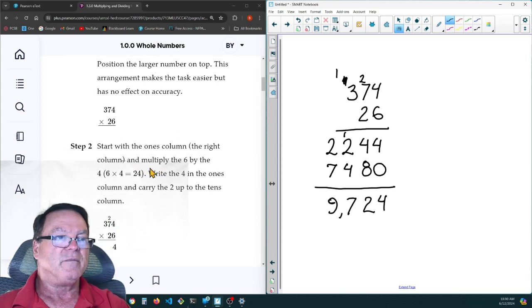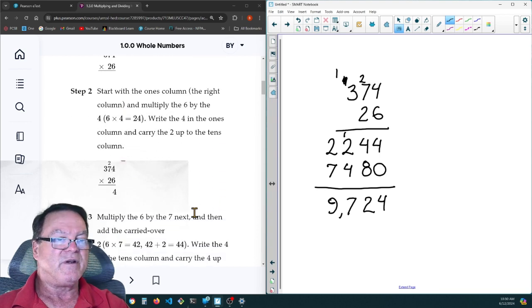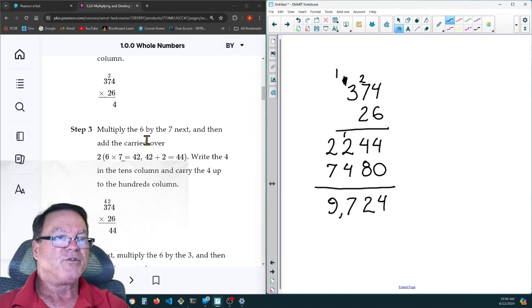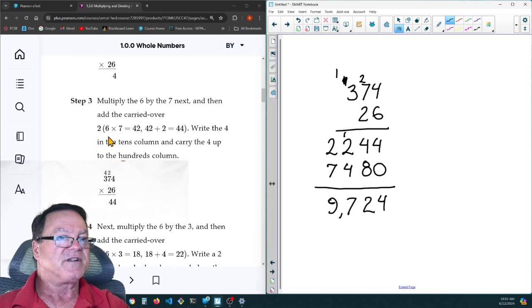Start with the ones column, multiply the 6 by the 4. 6 times 4 equals 24. Write the 4 and carry the 2 up to the tens column. That's what we did. We did well. Multiply the 6 times the 7 and add the carryover. So 6 times 7 equals 42, plus we added that 2 that we carried earlier, 44.